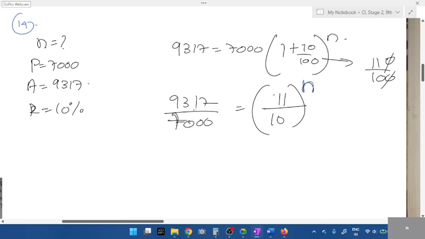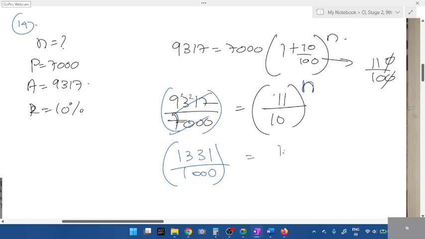Okay. This 9317. Where is n, students? Is it inside the bracket or is it on power? Power, right? So even here you have to convert it. If you reduce using 7 times table, you'll get 1000, and here you'll get 1, 7 ones are 7, 7 threes are 20, 11 by 10.